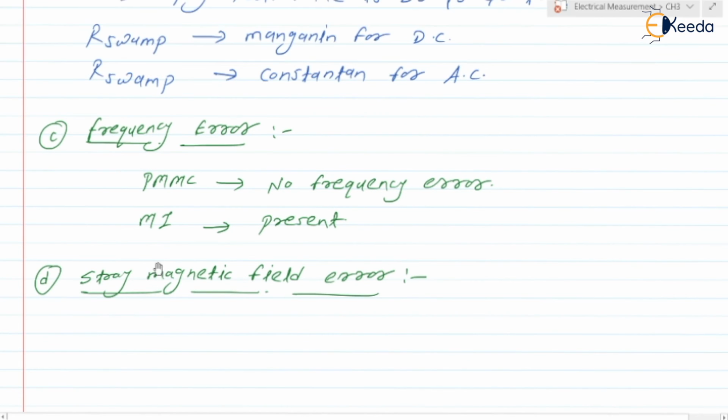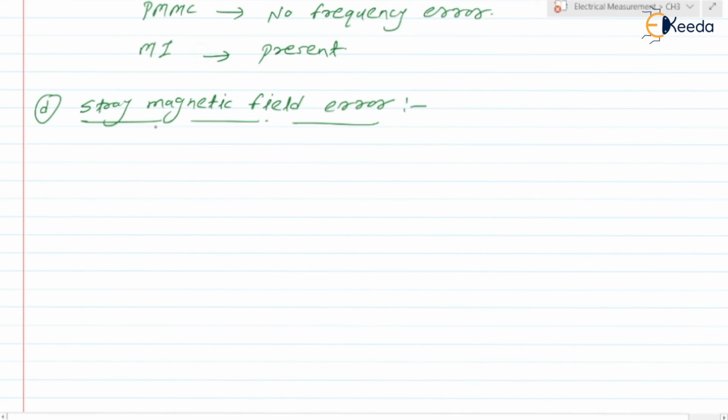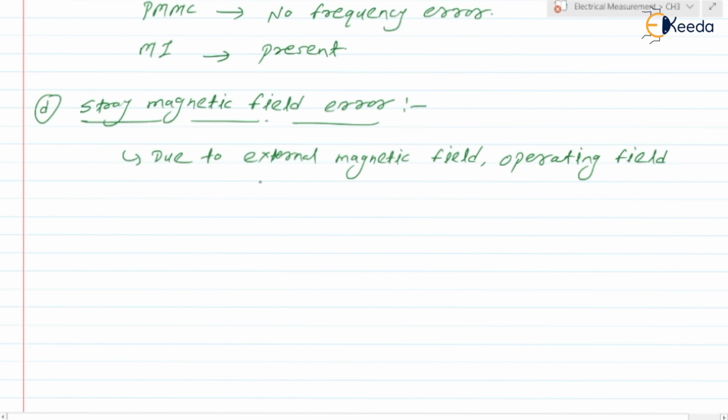This error is due to the surrounding magnetic fields, the effect of surrounding magnetic fields on the operating field inside the instrument. So due to the external magnetic field, the operating field inside the meter is disturbed, and this is nothing but the stray magnetic field error.